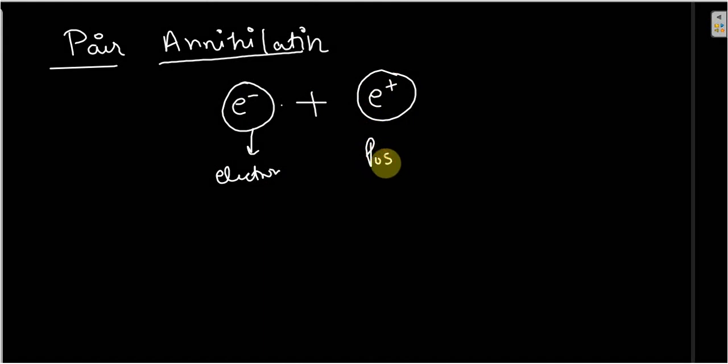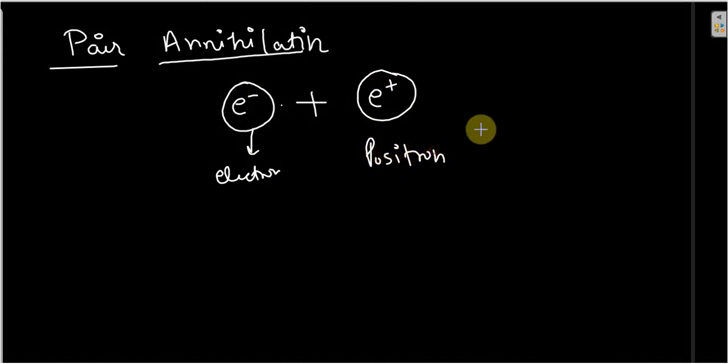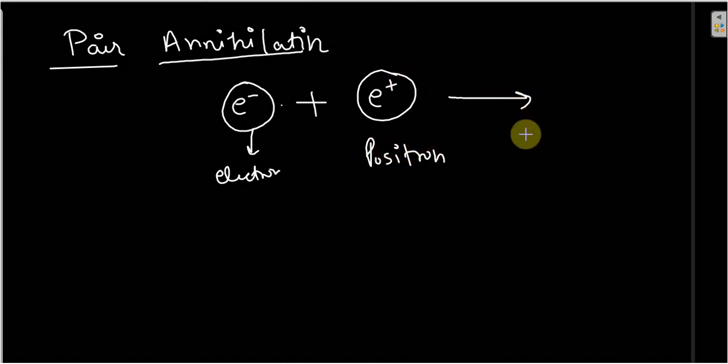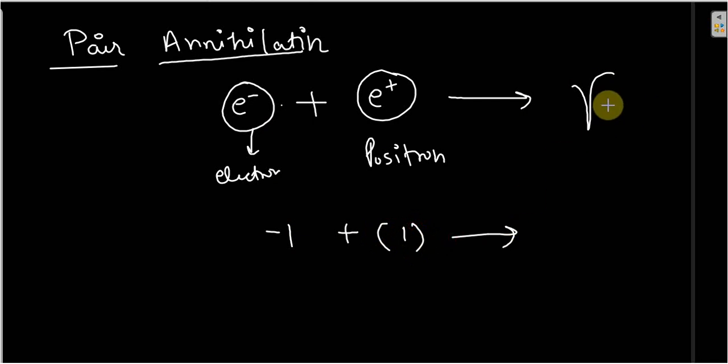Both are antiparticles. So how will they interact? When they interact, a photon, a ray of energy, will be released. Now we will compare the charge again. Negative charge here, positive charge here, and we know the photon's charge is 0. The rest mass is also 0 and the charge on the photon is also 0.